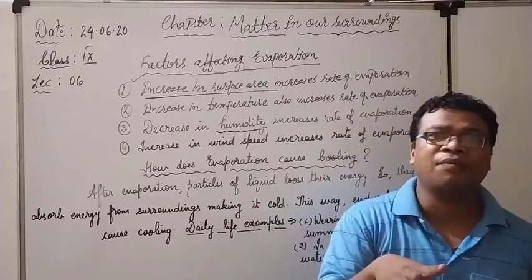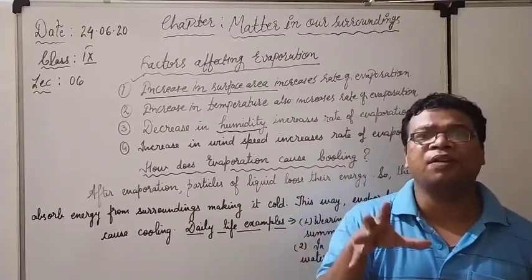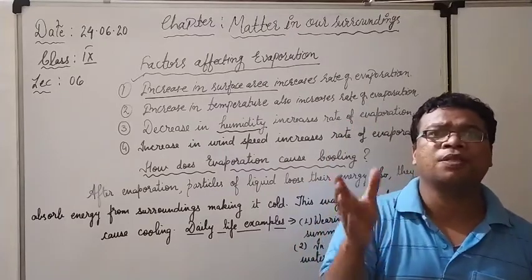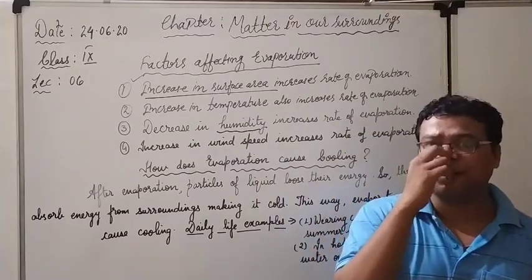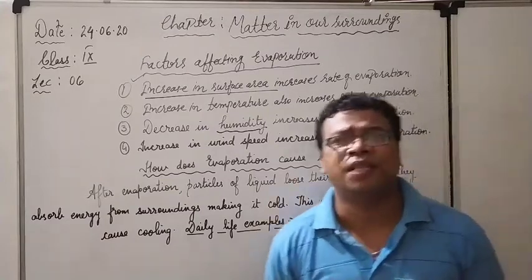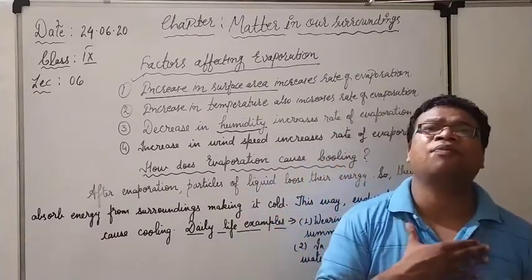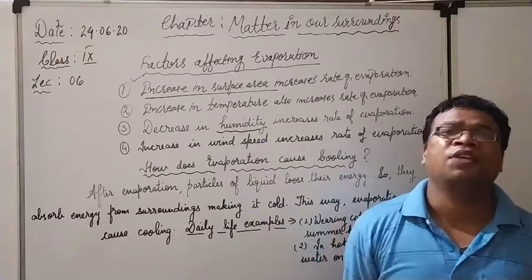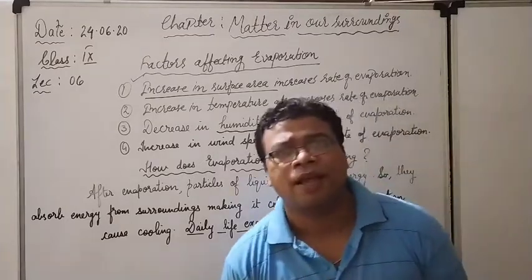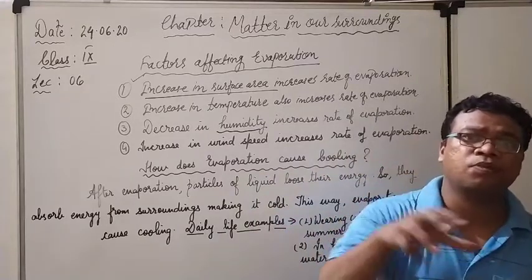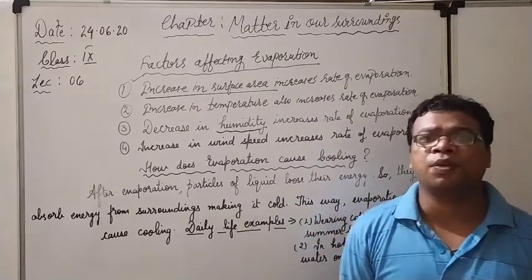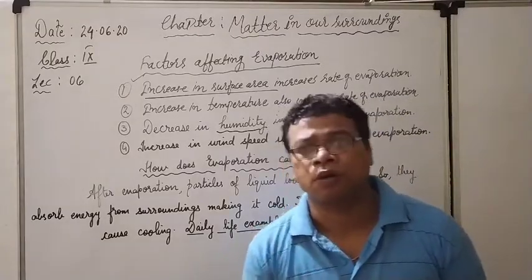If the air particles contain more water vapor, they cannot move easily, and that's why at that time we feel very suffocated. The areas which are near the coastal line, the air surrounding the sea coast, in that particular atmosphere, humidity will be more.